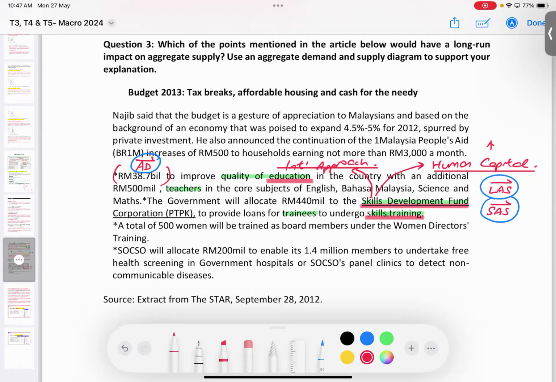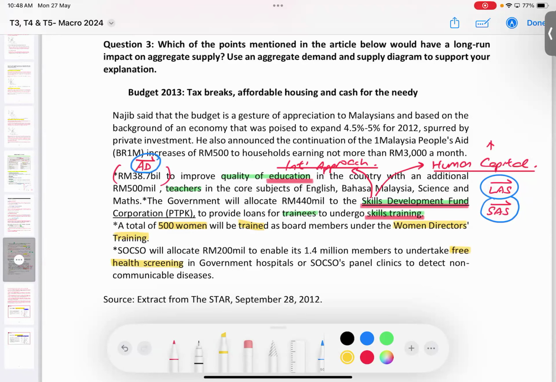Okay, so same thing. The next one, you can see that a total of 500 women will be trained as board members under the Women Directors Training. Again, it's something about training and education that improves human capital. Okay, SOCSO will allocate 200 million to enable its 1.4 million members to undertake free health screening. Even better, this is the same thing like insurance that we talked about just now.